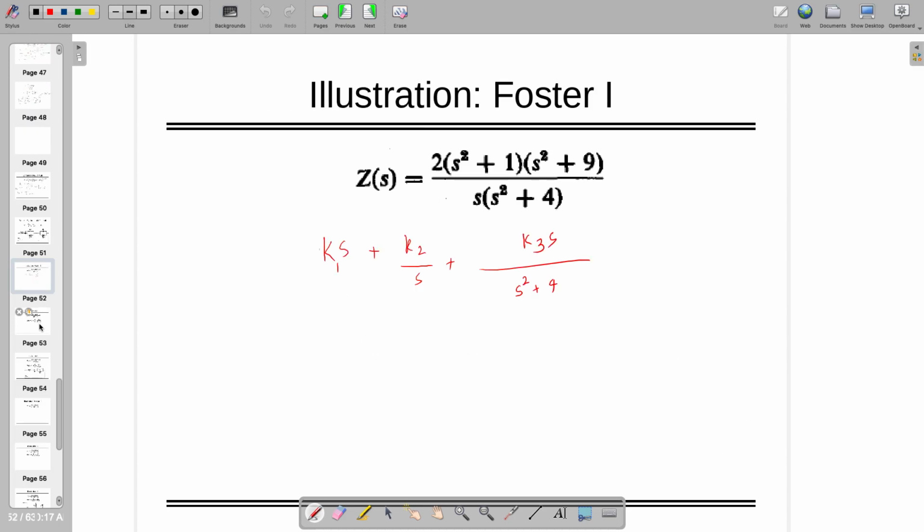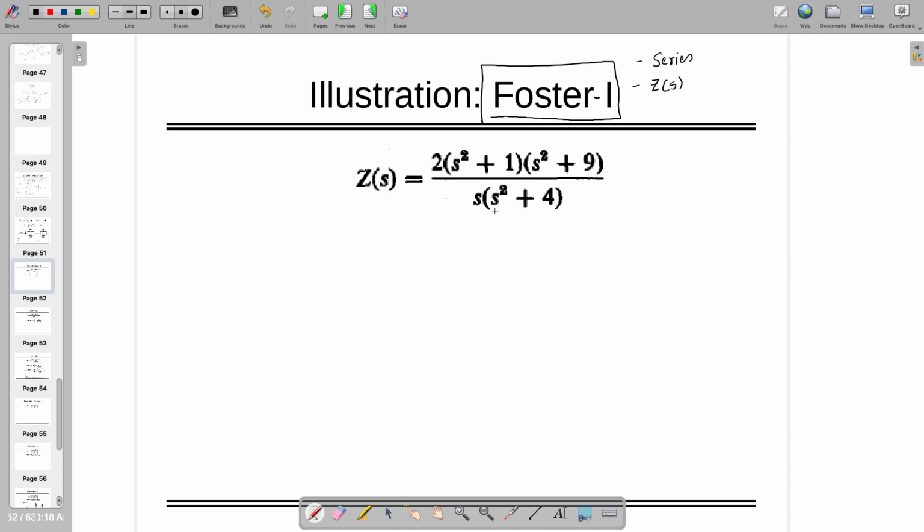Okay, so now let's assume the case which looks like this one. I want to derive the circuit which is Foster 1. Foster 1 circuit is also known as the Foster series circuit, where we are synthesizing Z of s. So Z of s is already given to you.